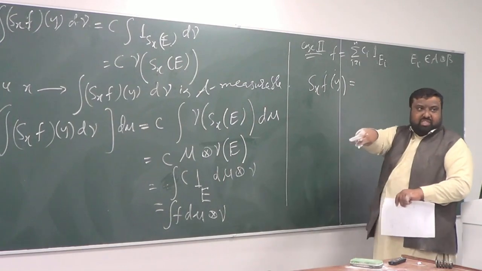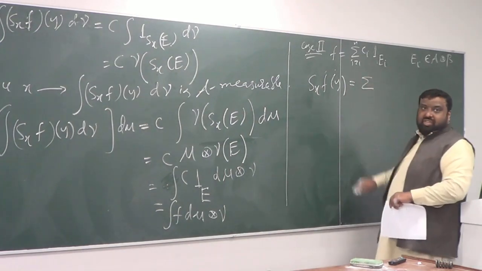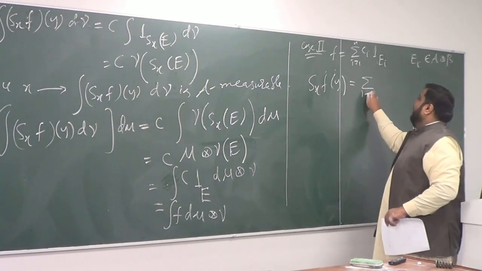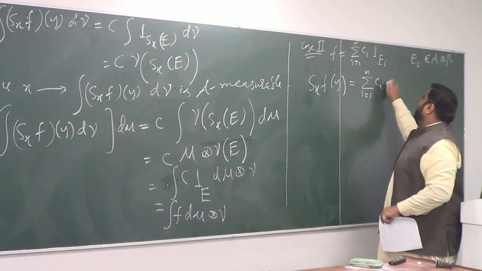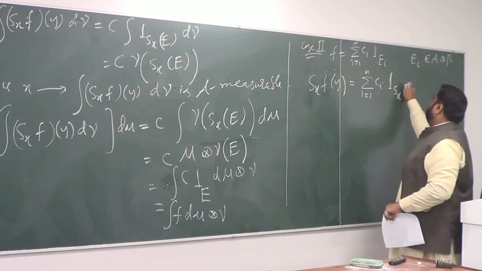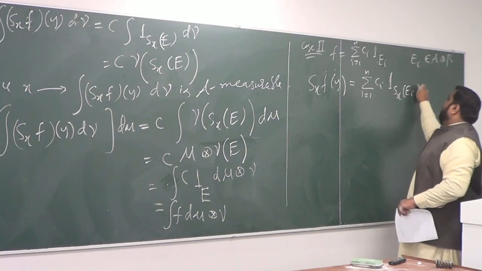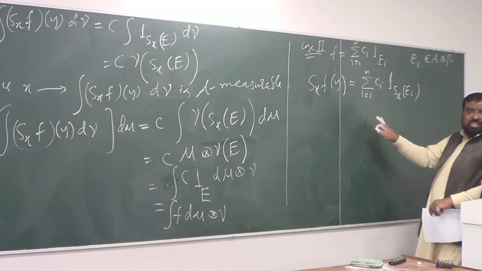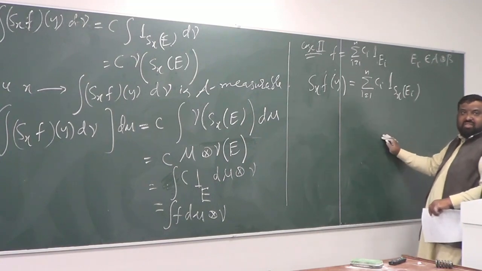So doing a similar kind of calculation, it's going to be sum i equal to 1 to n, c_i indicator function of sections of E_i. So doing all the calculations, but I hope you can make sense of it. So you're going to get this.